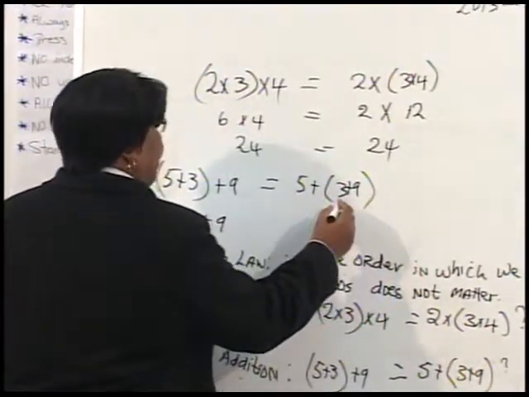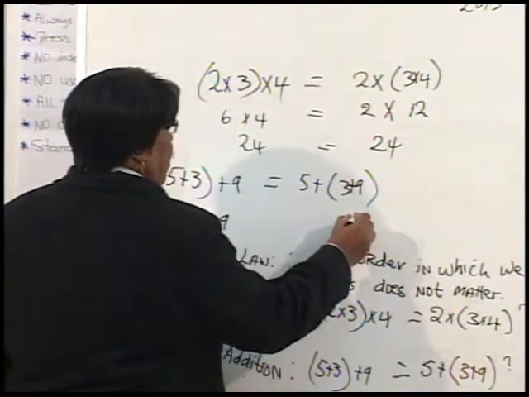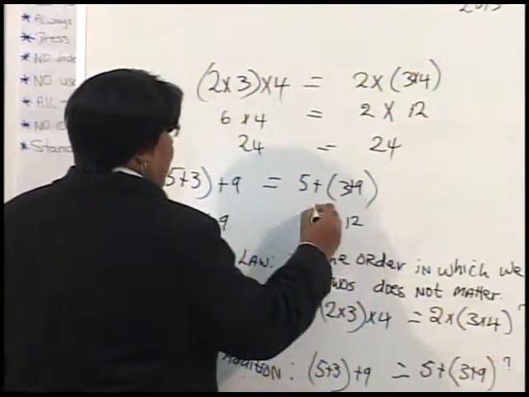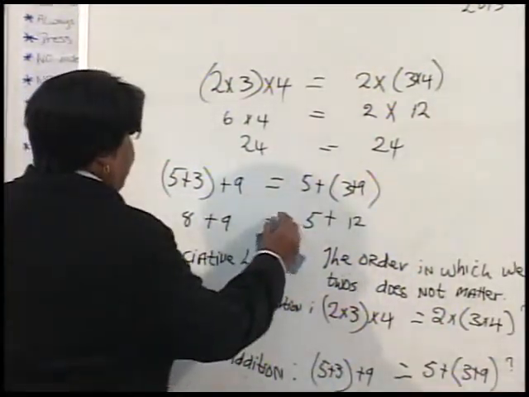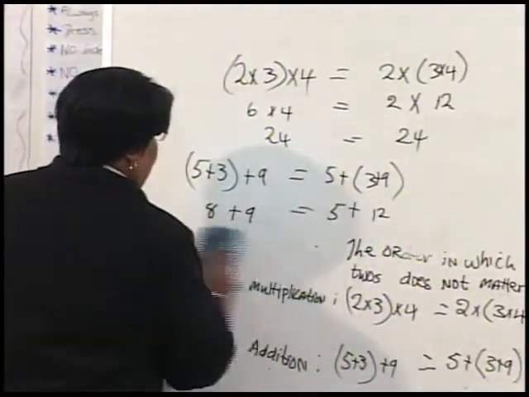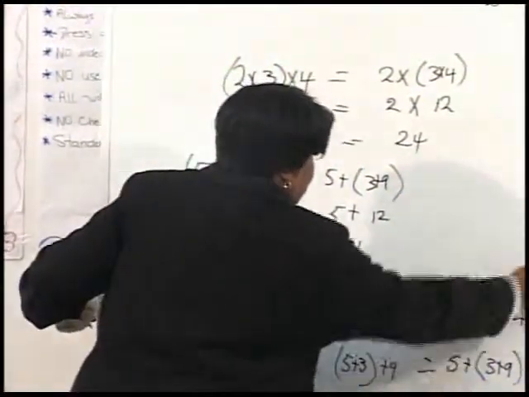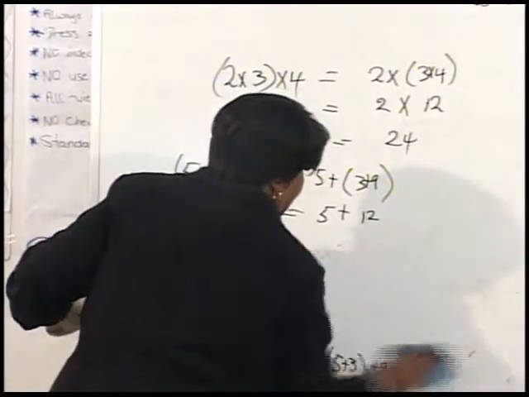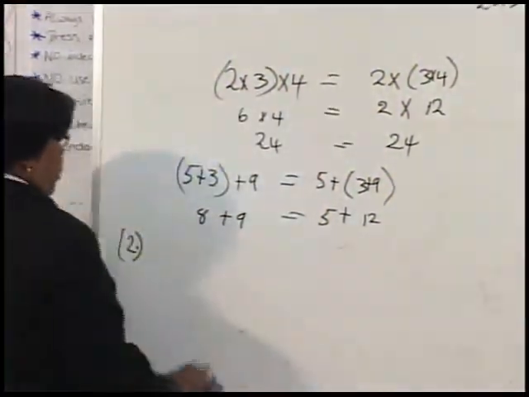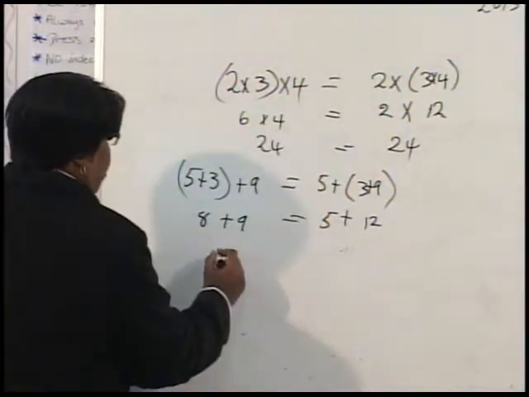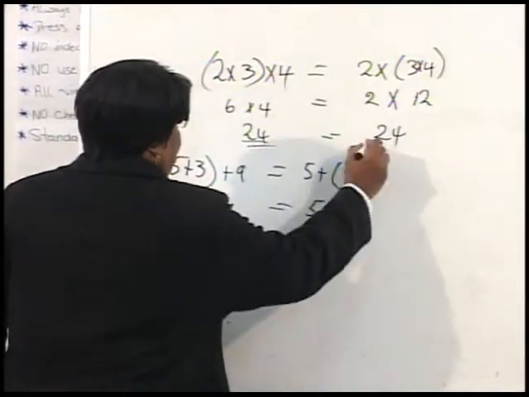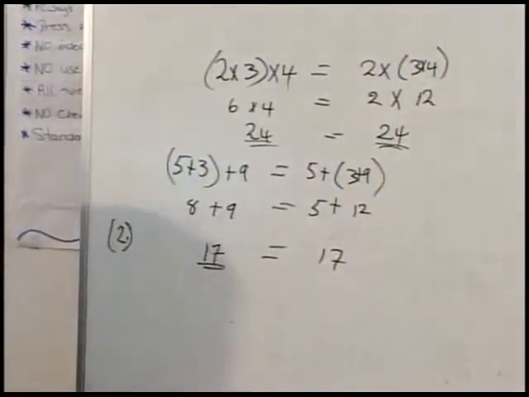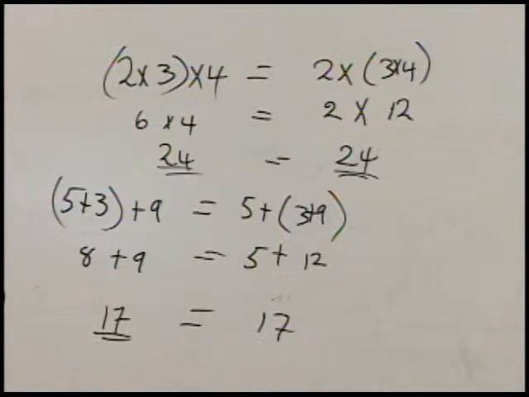What did we get here? 12, and it's plus 5. So what are we getting for our answer? 17. So again, in groups of twos, the order in which we multiply or add numbers does not matter. We'll still be getting the same answer. So that was our rule for the associative law.